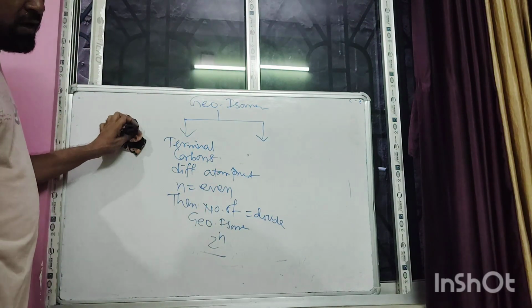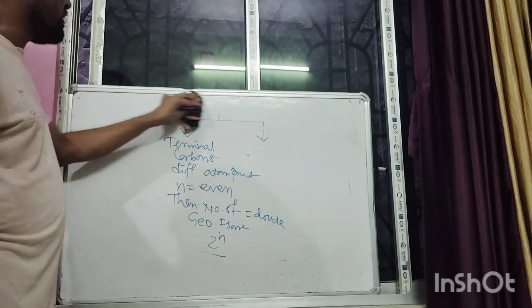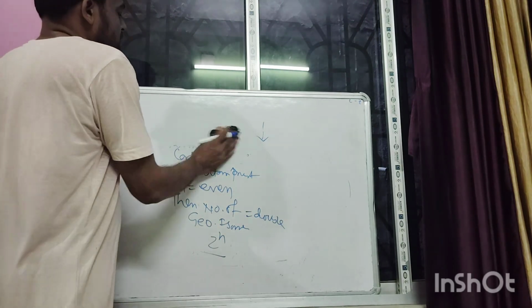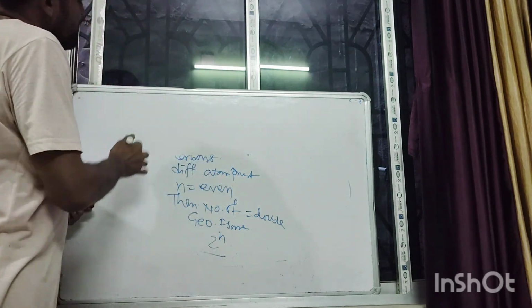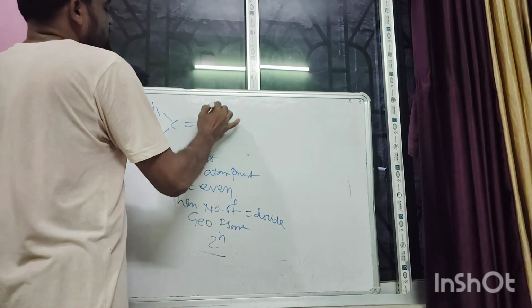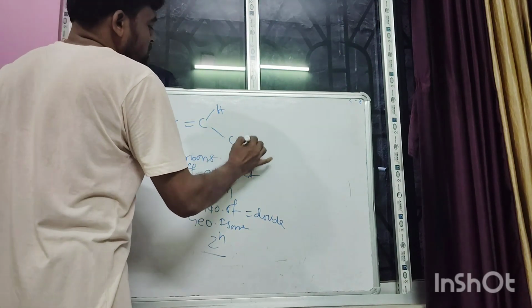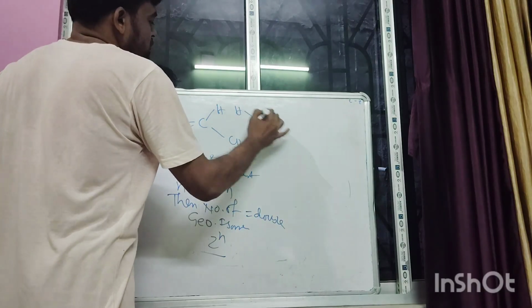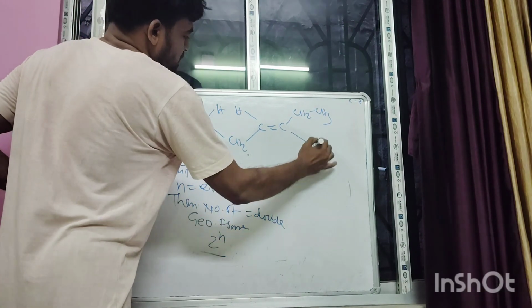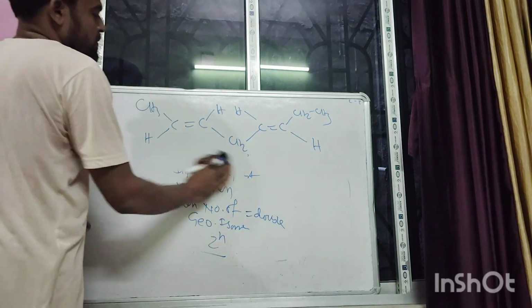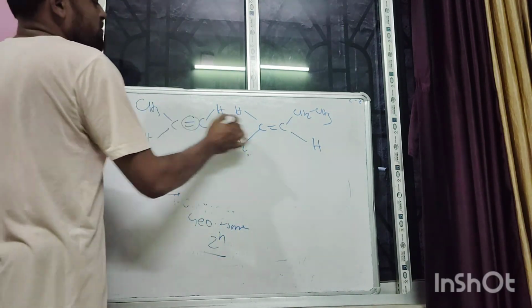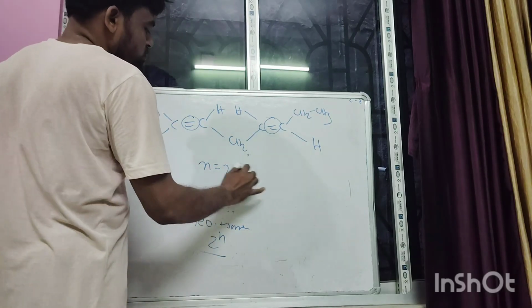At first I will explain these terms with an example. The example is CH3 CH double bond CH CH2 CH double bond C, CH2 CH3, and here is H. Here the number of double bonds is even, that is 2, so n is equal to 2.